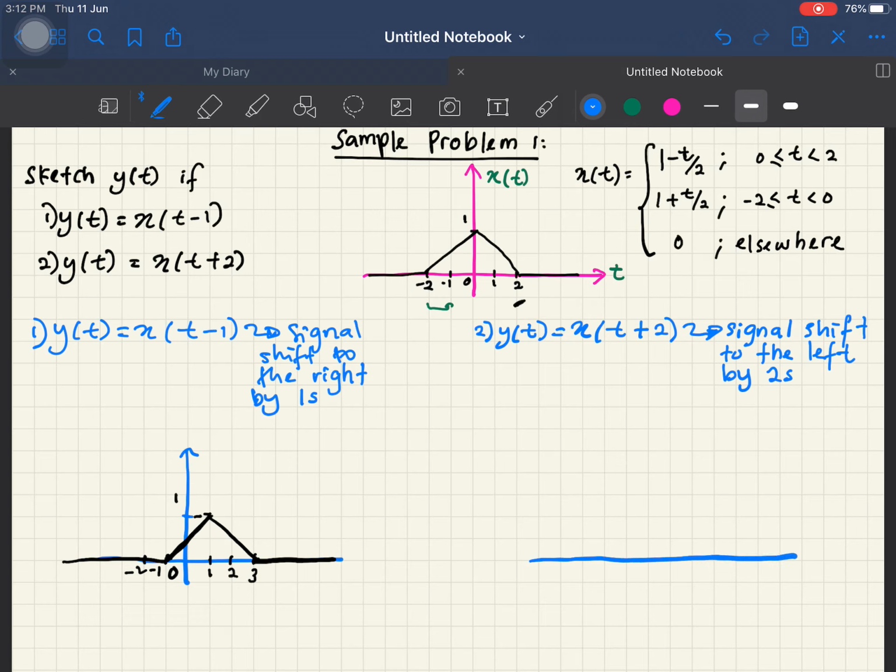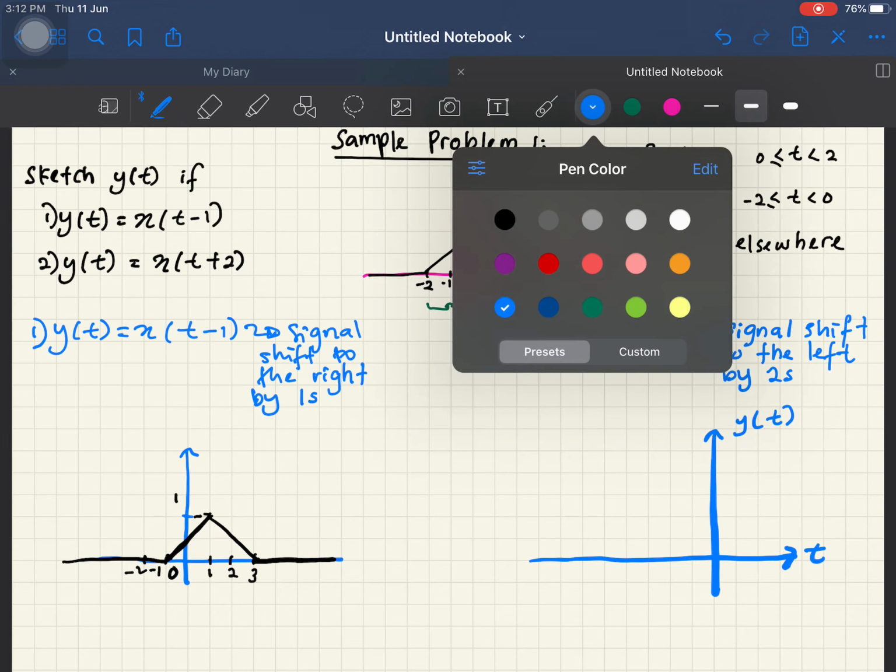If you are to draw this, this is t and this is y of t.